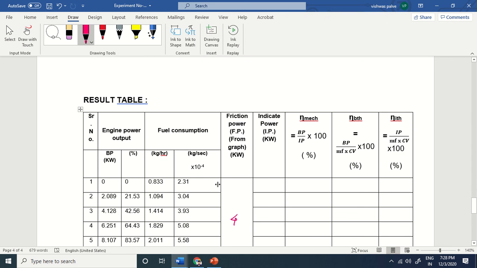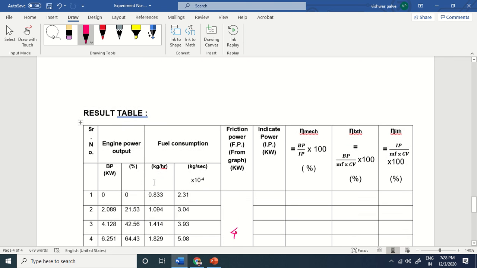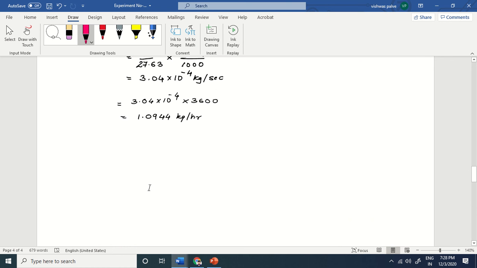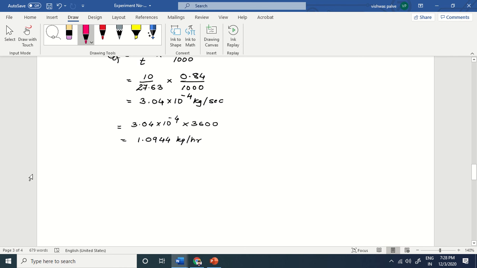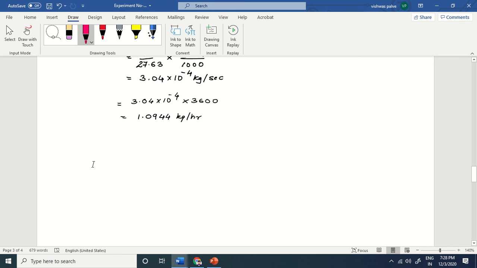Now how to calculate the indicated power? Once we know the frictional power, I'll write it down in the sample calculation itself. I'll use a different color to indicate that this term has to be calculated from the graph.